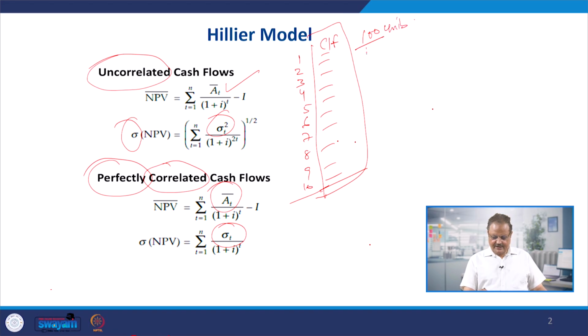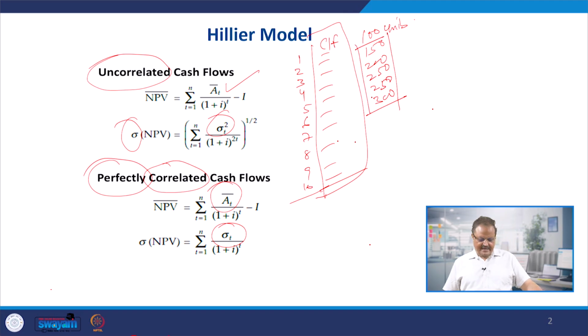Next year you try to make it 150 and then 200 or maybe 250, or if you want to keep it static, keep it at 250, or next year you can make it 300. If your market and demand for the product grows like this, naturally your cash flows will also grow like this. So there would be an element of correlation in the cash flows, and finally the extent of the variation or the dispersion from the mean value would be very low.